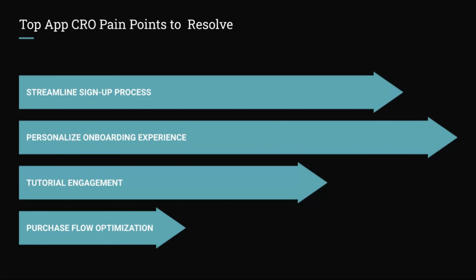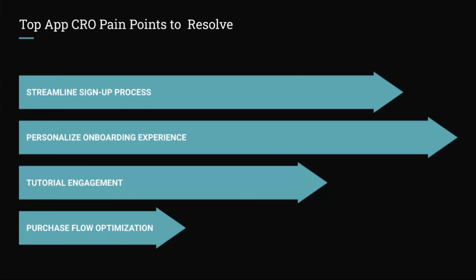Anyway, we talked about pain points and converting people better at each of those different pain points. Your initial one is really your sign-up process, your onboarding flow, making sure that the user understands what your app is about, and that navigation is simple and easy to understand.